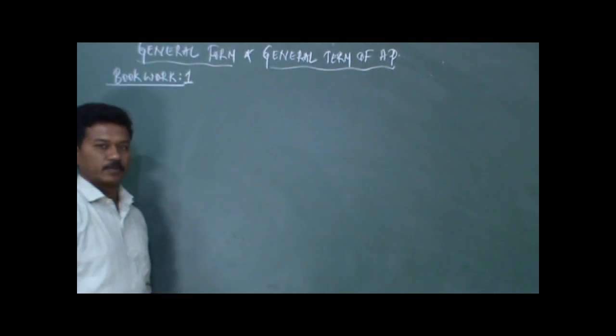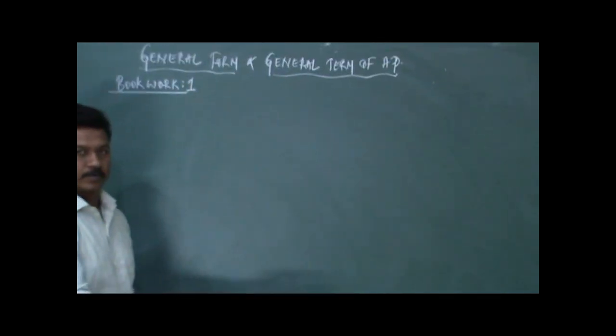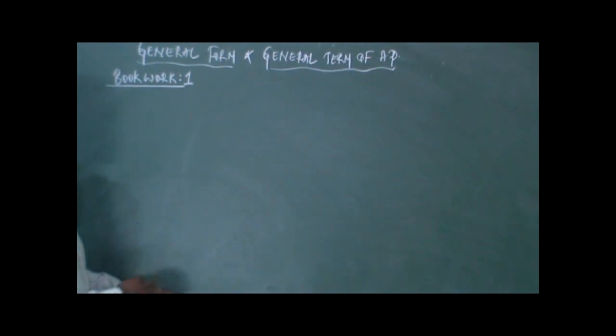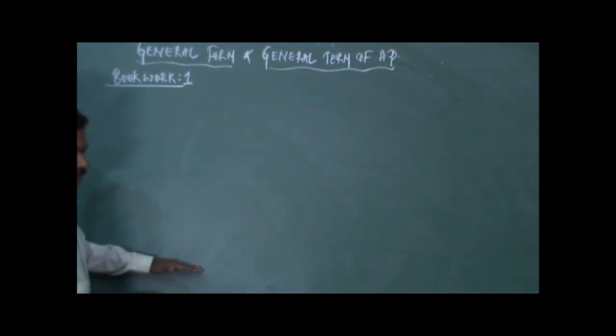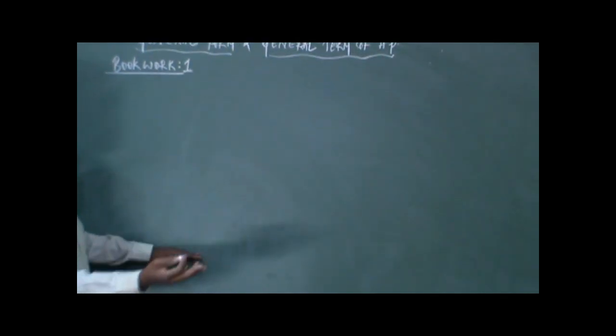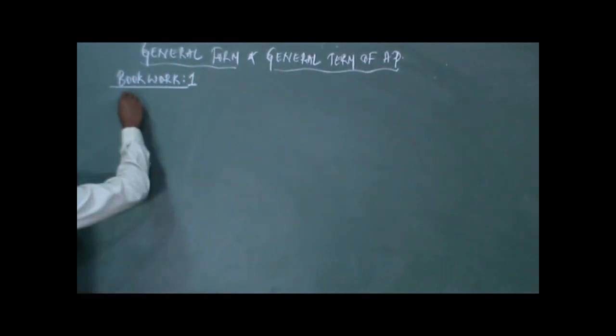So next derivation will be book work 2, next derivation will be book work 3, something like that. If you are aware of this, this is the conceptual learning. When it comes, you will be able to solve any problems on nth term of an AP.